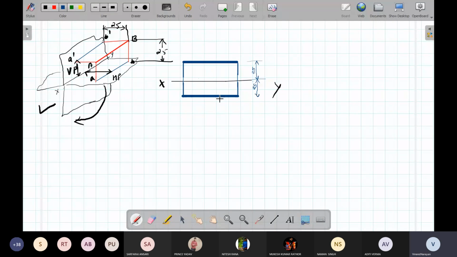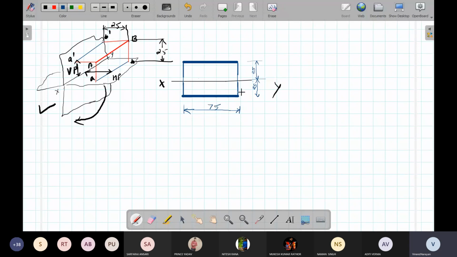Okay. And the length of the line is also given in the question, that is 75.